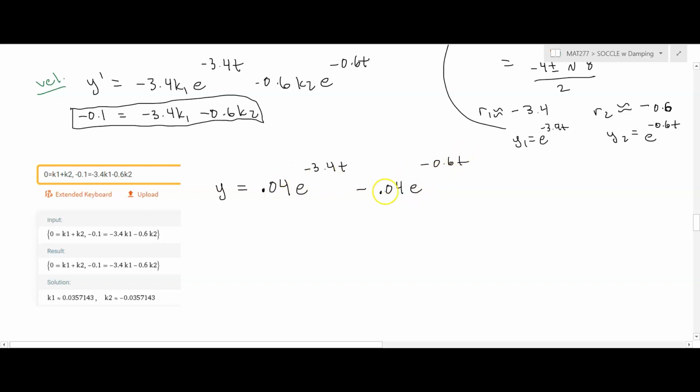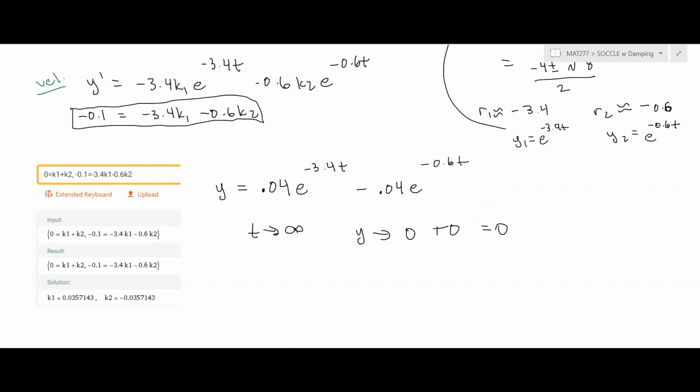Now once again, we should expect very similar behavior. We're going to have decay in both terms, so as t gets infinitely large, y is going to approach 0, and together we're going to see this spring mass system come to a rest.